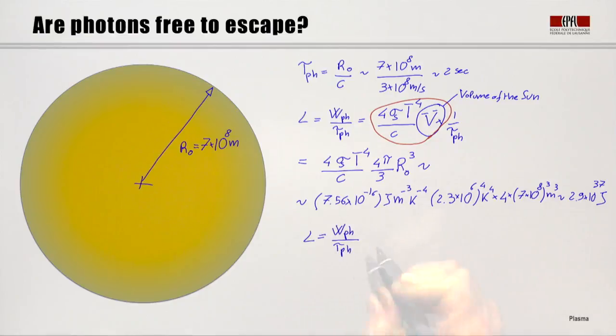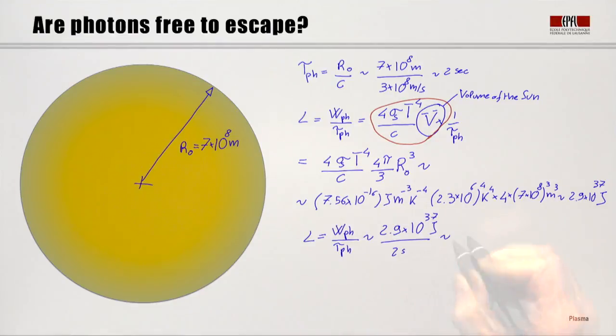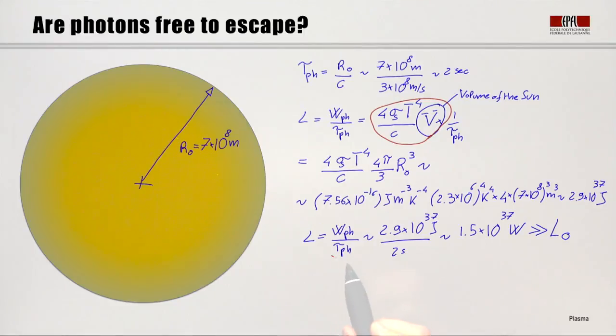Now, if we go back to the formula for the solar luminosity, and we divide the number we have just found by the mean time that the photon will take to escape from the center to the surface of the Sun, tau photon, we end up with the value of the solar luminosity, which is approximately 1.5 × 10⁻³ watts, which is much larger than the real measured luminosity of the Sun.